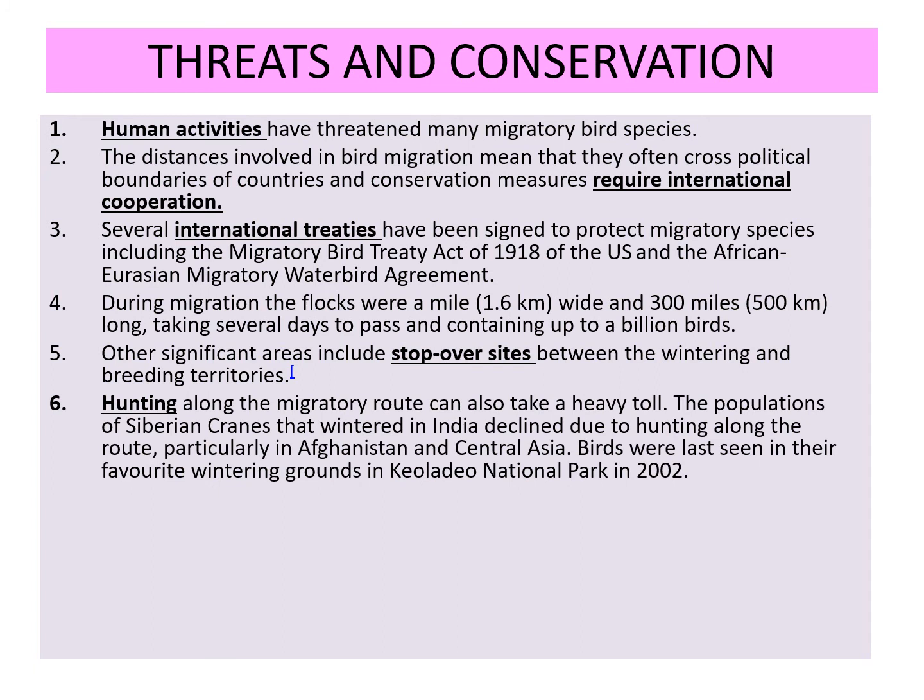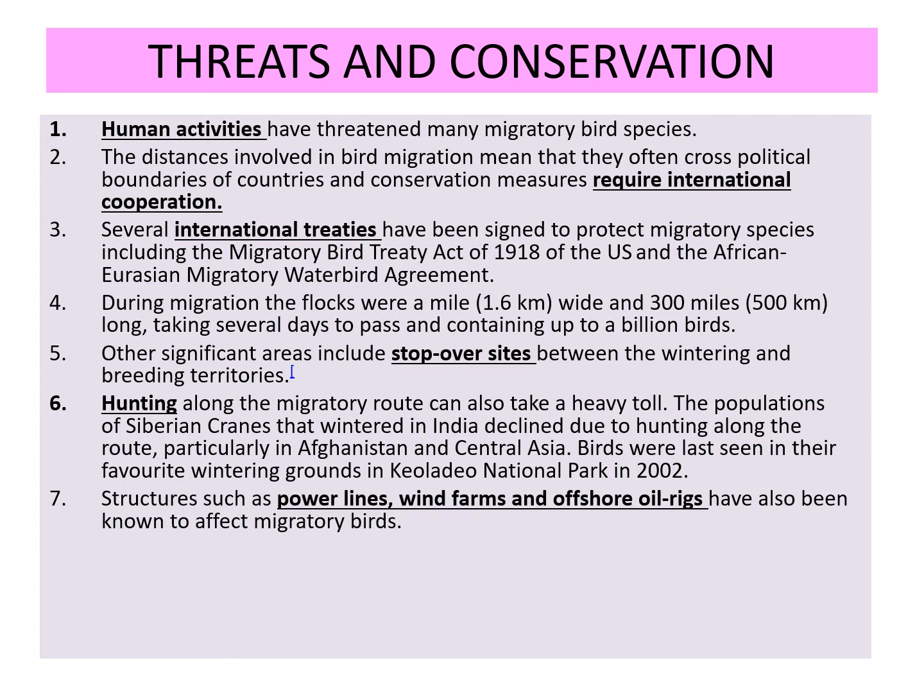Hunting along the migratory route can also take a heavy toll. The population of Siberian cranes that were seen in India declined due to hunting along the route, particularly in Afghanistan and Central Asia. Birds were last seen in their favorable wintering ground in Keoladeo National Park in 2002.